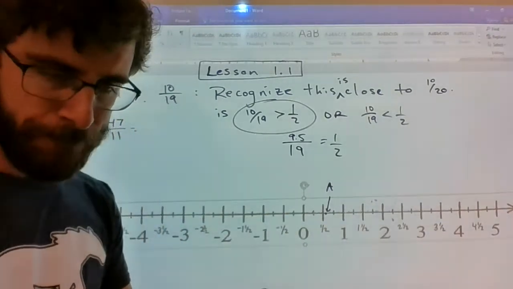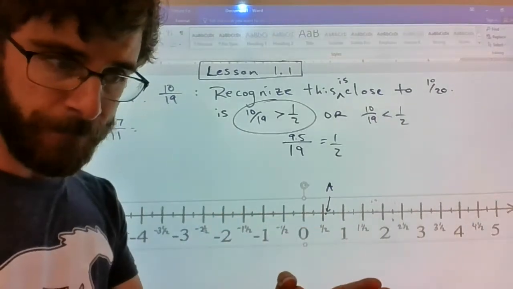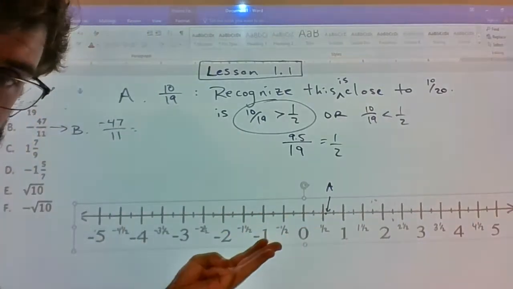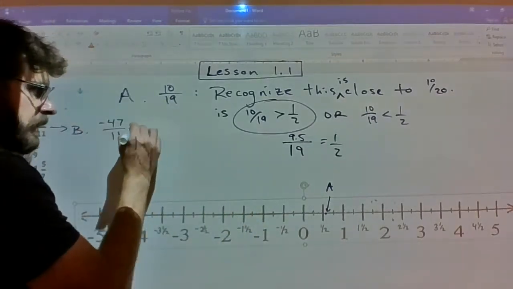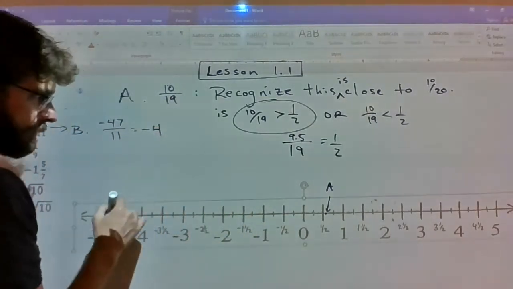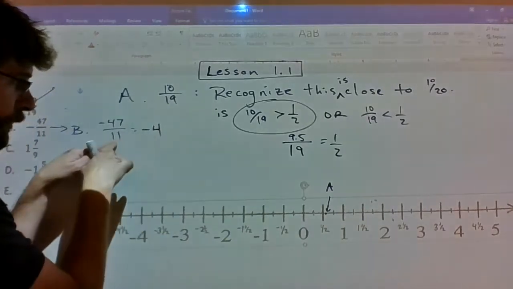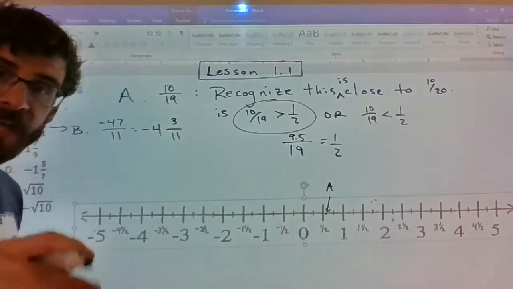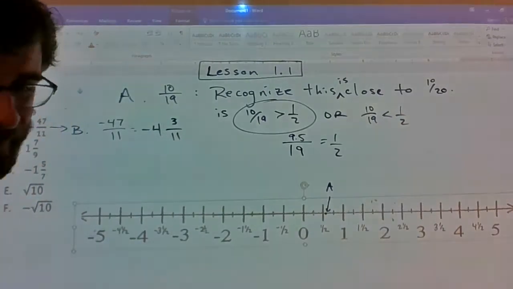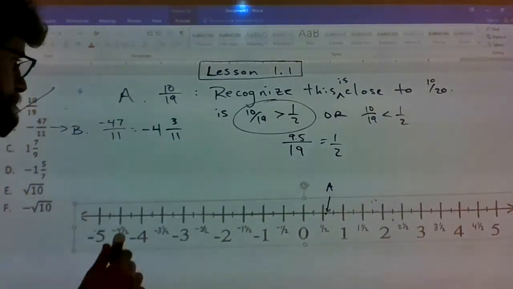So 11, double it, 22, add another one, 33, add another one, 44. So this would be -4 because 11 times 4 is 44 with 3 left over. So be able to turn a fraction into a mixed number. That's an important skill that we have today.